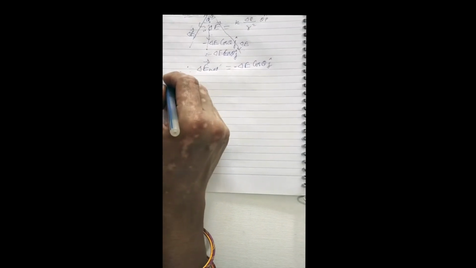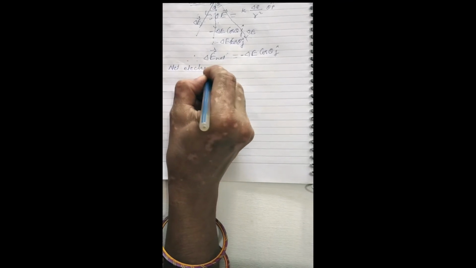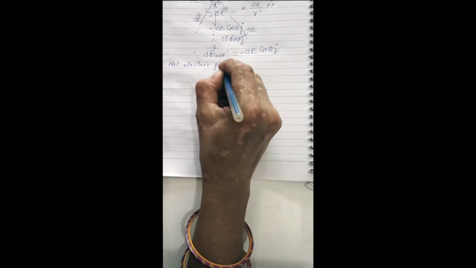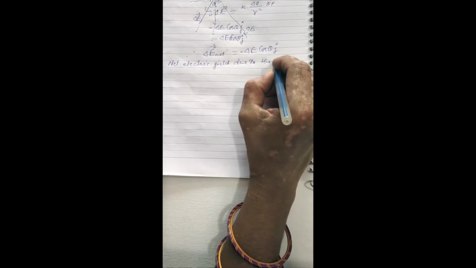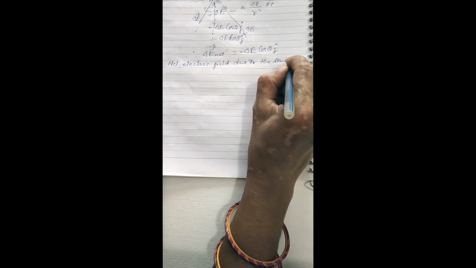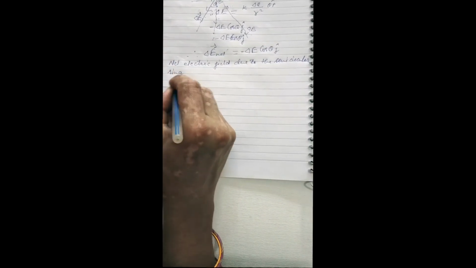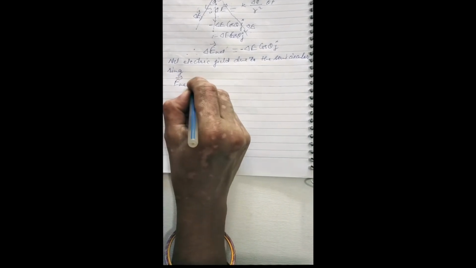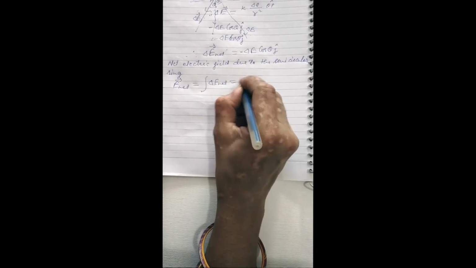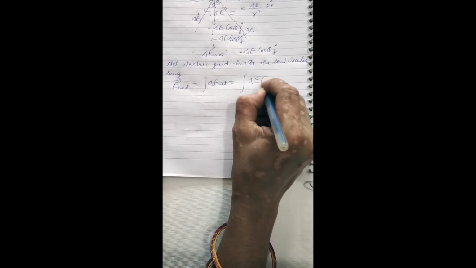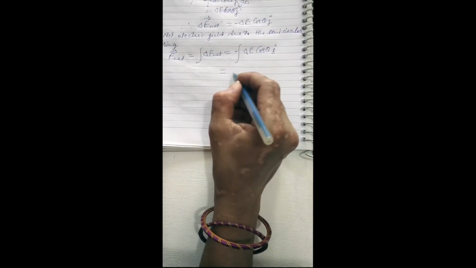So now the net electric field due to the semicircular ring, E net, will be equal to the integration of this dE net, and this is equal to the integration of dE cos theta, with the minus j cap sign.